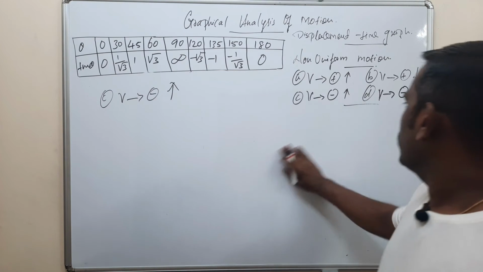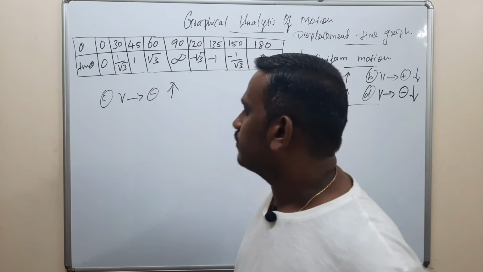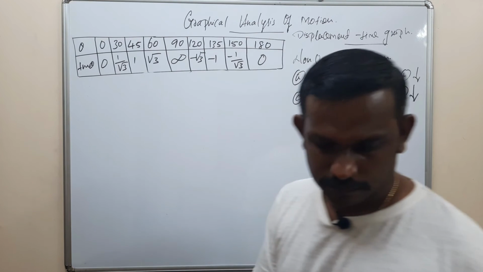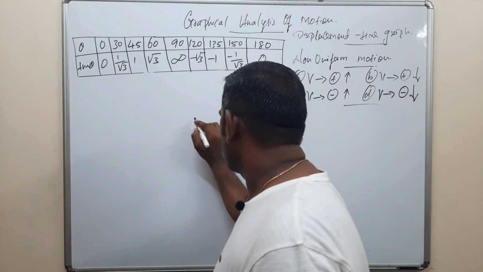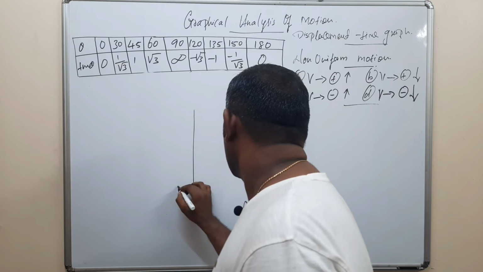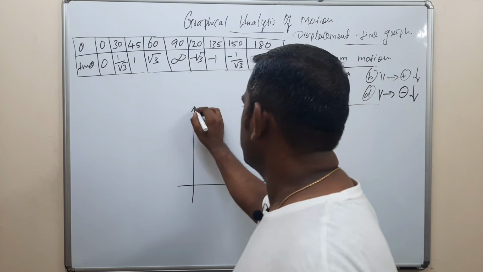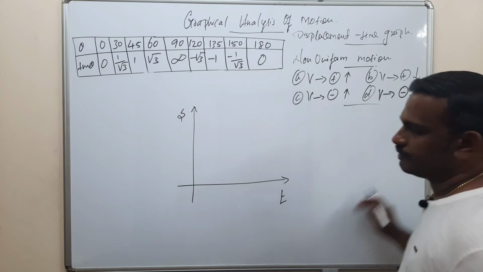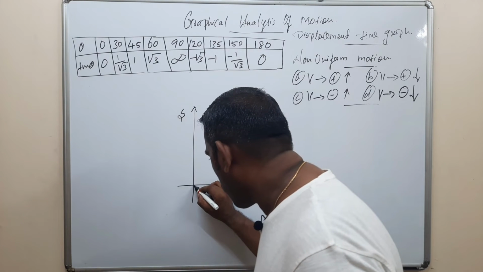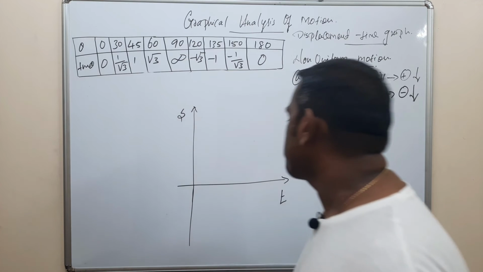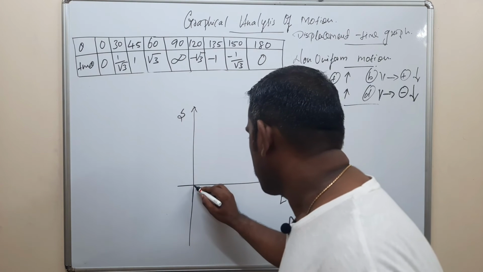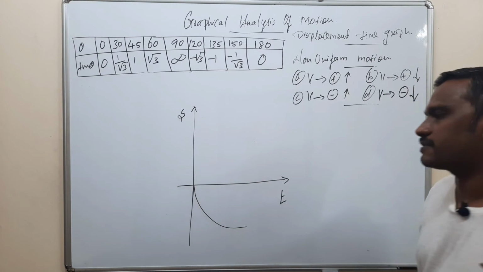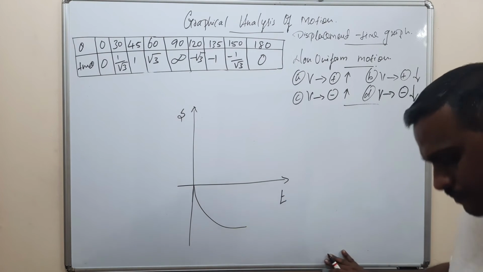Okay, the last case, velocity negative decreasing. So displacement time graph. Always like this.